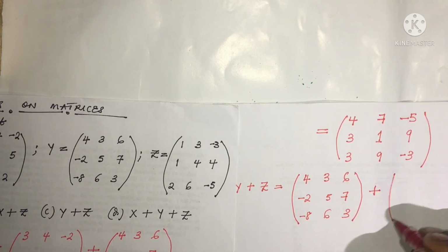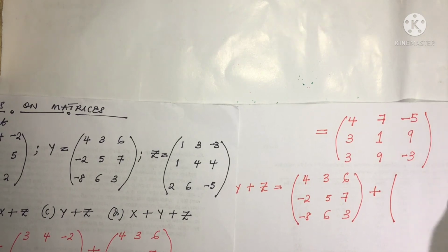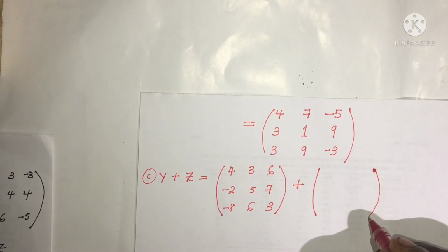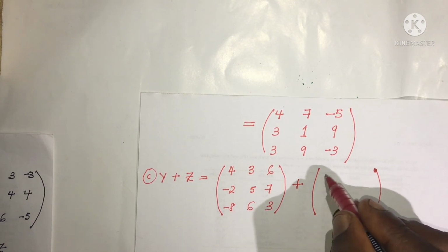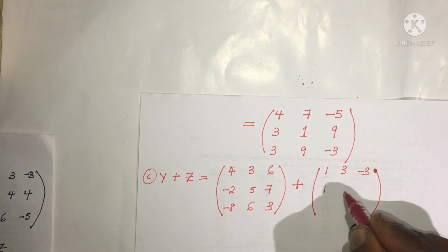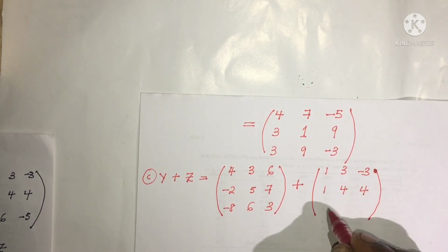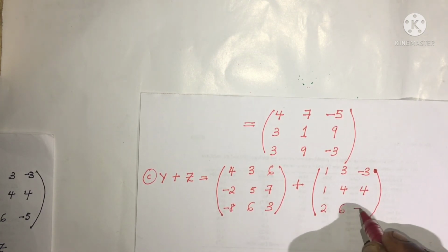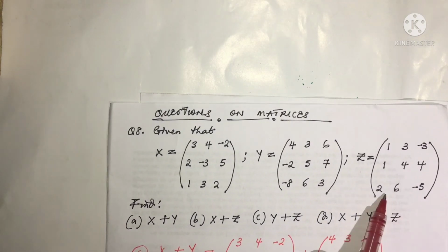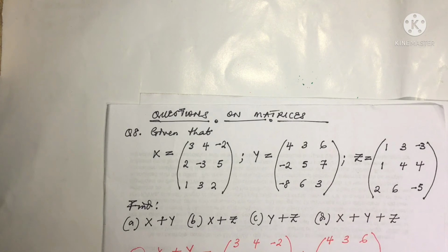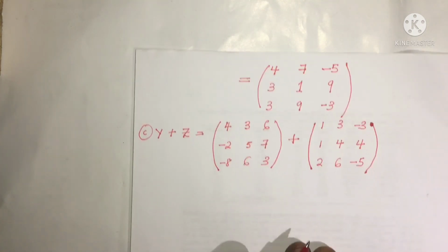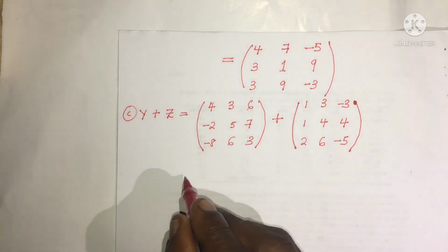The matrix Z, as we had it earlier on, is 1, 3, minus 3, 1, 4, 4, 2, 6, and minus 5. So this is the matrix Z, as we have it in the problem. So we are to add Y to Z. Now let's proceed with the addition.